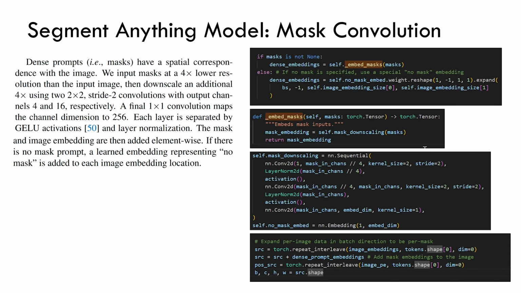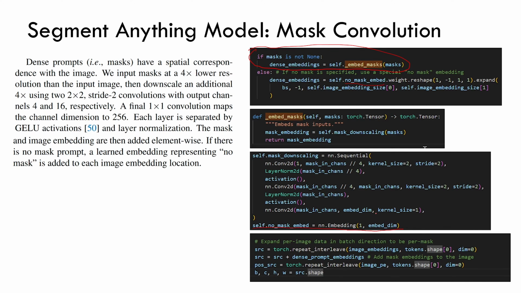And what they do is, if the mask is specified, they run it through a sequence of convolution layers to downscale this mask. And if no mask is specified, they create a special embedding called no mask. And it's defined here. As you can see, it's just an embedding with a given dimension.